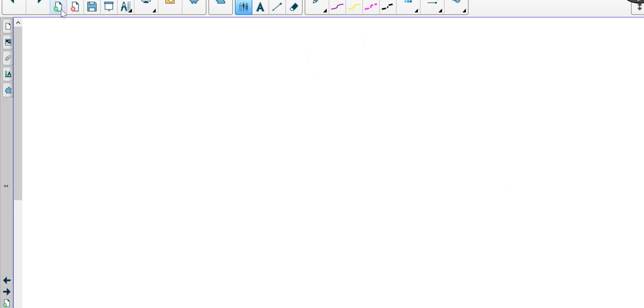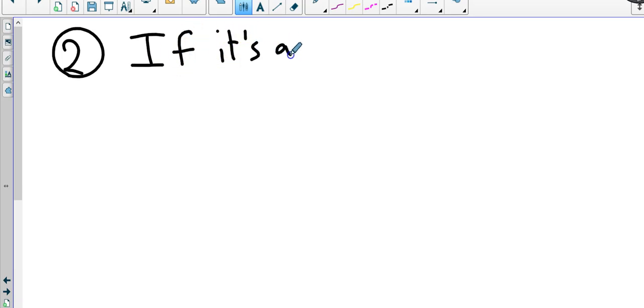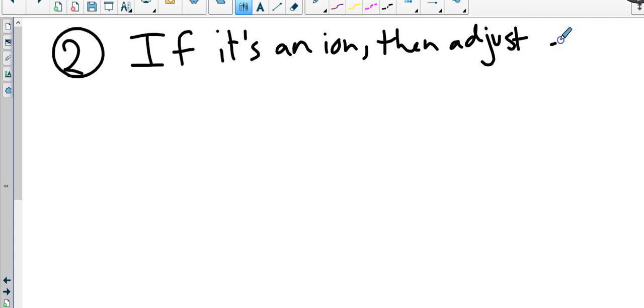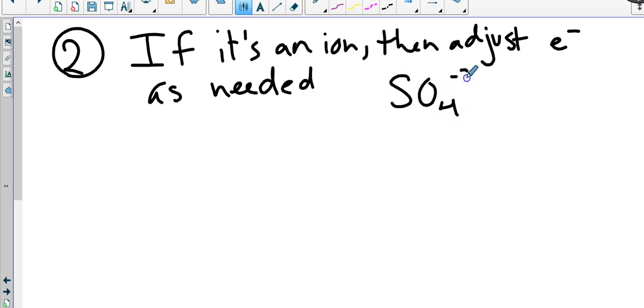Now, the second step does not apply to this, but I want you to have a beautiful list of steps that you can follow. So if it's an ion, which this is not, then adjust the electrons as needed. So if it were from the do now, I would need to add 2 electrons.